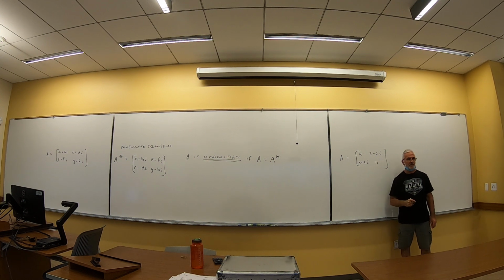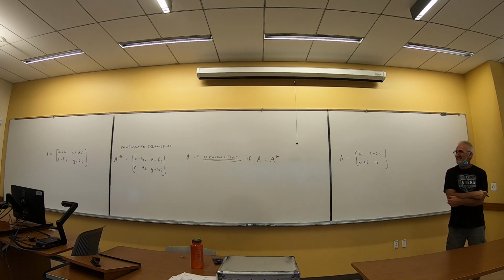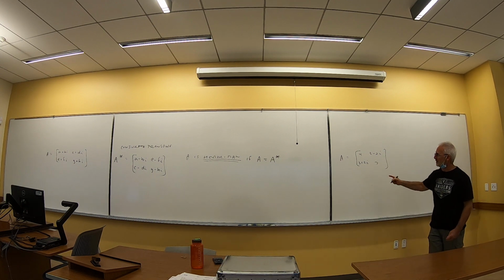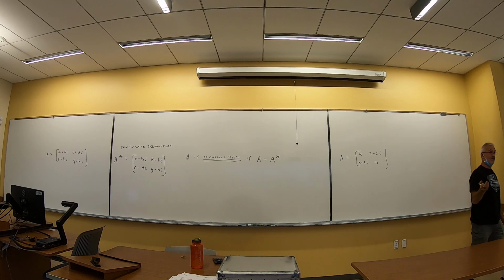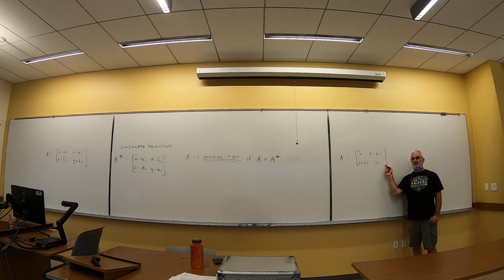Now what do you notice right off the bat? Compared to that one over there, what do you notice? The diagonals have to be real. Oh, so if a diagonal entry equals its own conjugate transpose, the diagonal entry would have to be real because it has to be plus 0i minus 0i. So this would be an example of a Hermitian matrix.